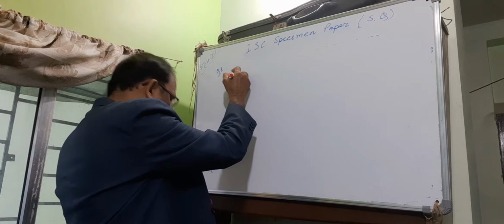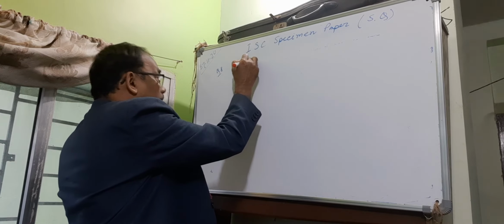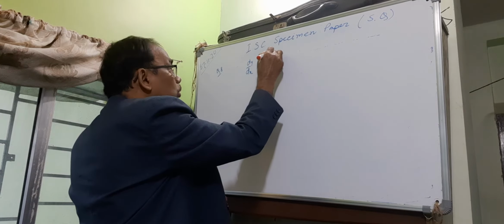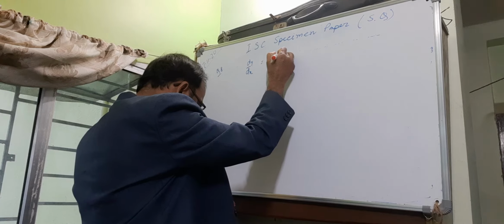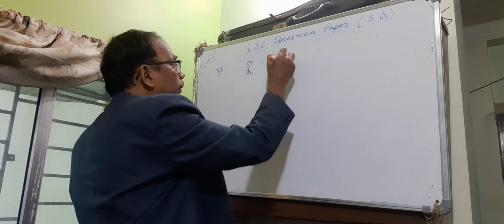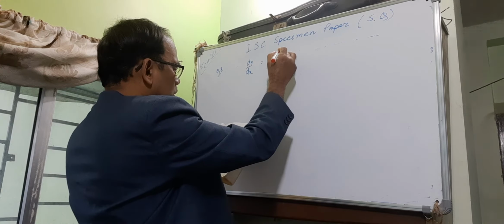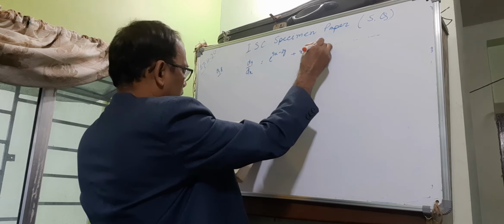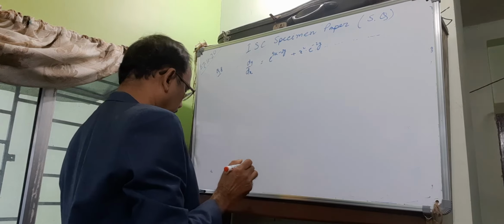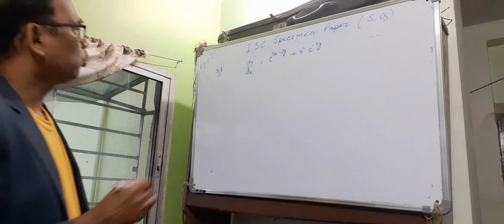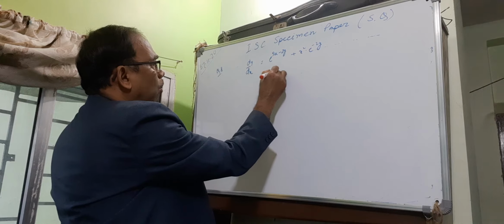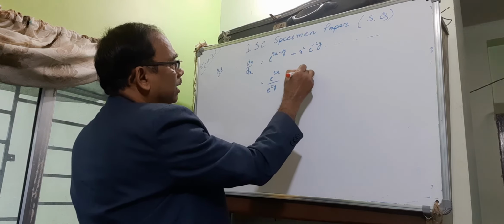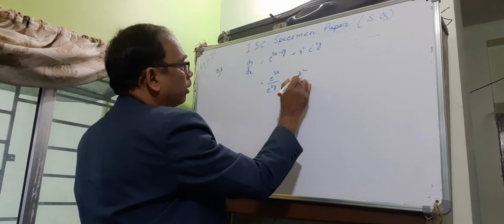Here is a differential equation: dy by dx equals e to the power 3x minus 2y plus x square e to the power minus 2y. We can write e to the power 3x by e to the power 2y plus x square by e to the power 2y.